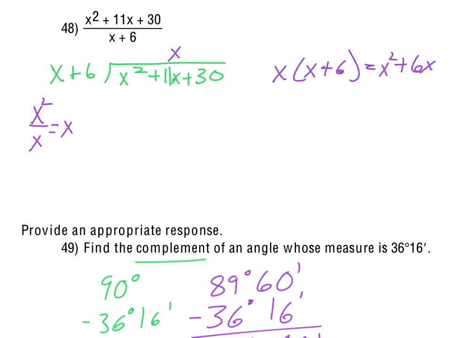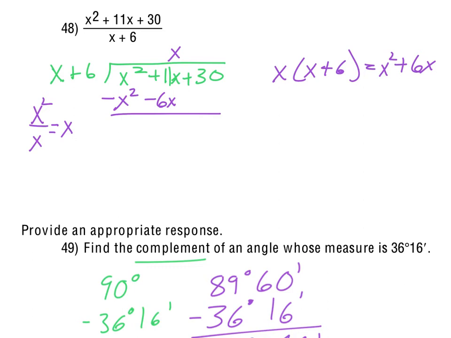Now, the next part is where people tend to struggle or have issues, and this is how I deal with that. I can see my x squared plus 6x, they have the same sign. They're both positive. I need to subtract those, so I end up subtracting both the x squared and the 6x. I just distribute that subtraction through before I even write those down.